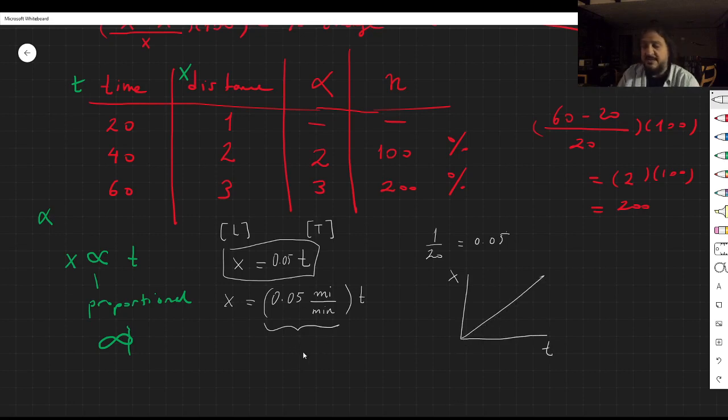So letters, I mean alphabetical, A, B, C, whatever you want to use. We can use A. Conventionally, the letter V is used. Let's use V, because the word velocity starts with V, right? So x equals Vt is what we have, a relationship between the two.